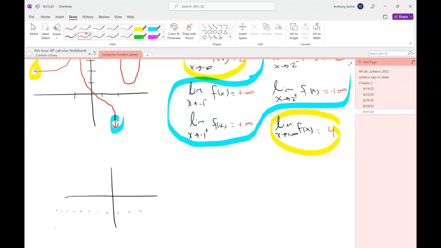Maybe we have a situation like this, where it's bouncing back and forth in between. I don't know what you'd want to call that thing. Those limits won't exist when you go to positive infinity or negative infinity.